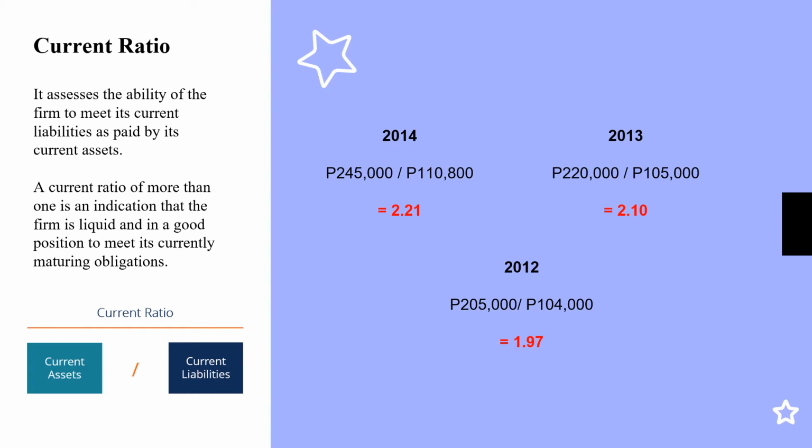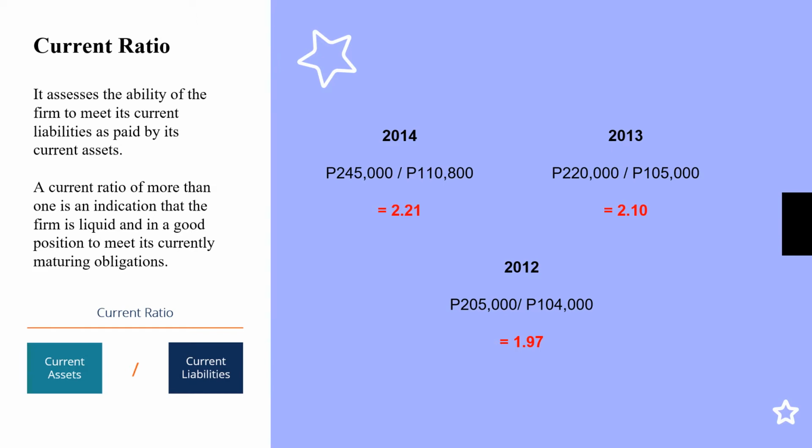So let's assess again. As you can see here, we have an increasing ratio. Again, we said a current ratio of more than 1 is an indication that the firm is liquid and in a good position to meet its currently maturing obligations. So the higher it is, the better. Okay?